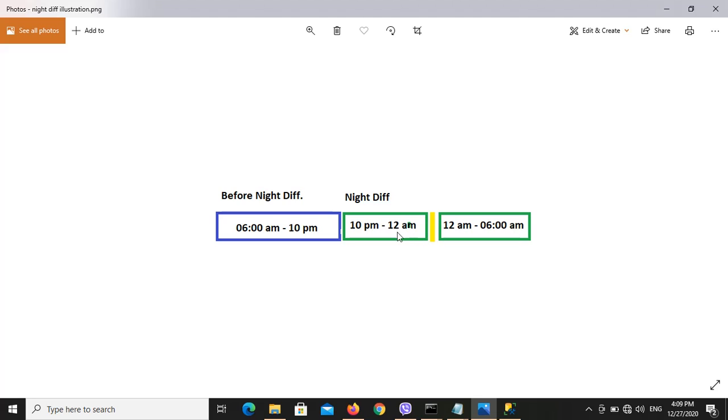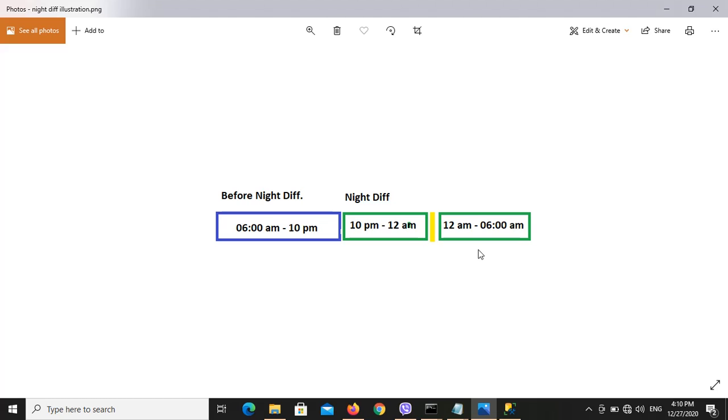Okay, so midnight means this is the 12 a.m. Why is it important to segregate between the two? Why do we need to segregate 10 p.m. to 12 a.m. and then 12 a.m. to 6 a.m.? That's because there is a possibility that the next day would already be different.